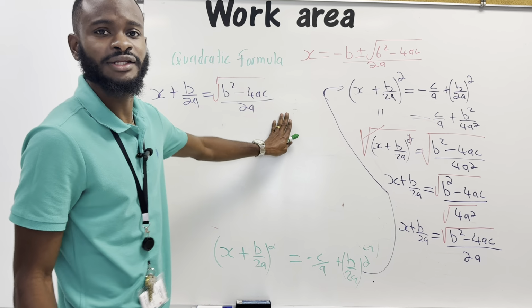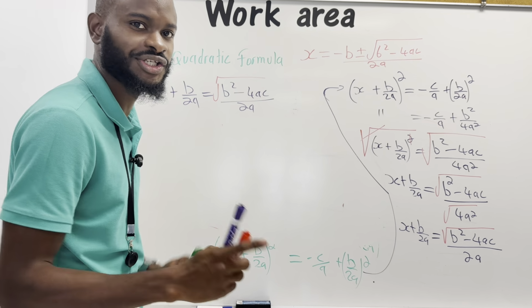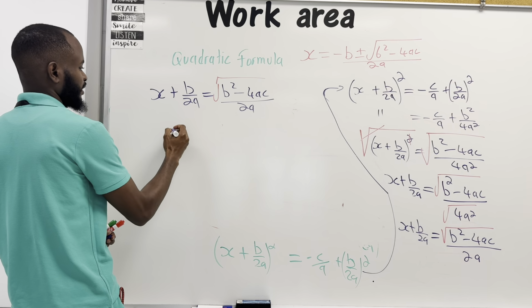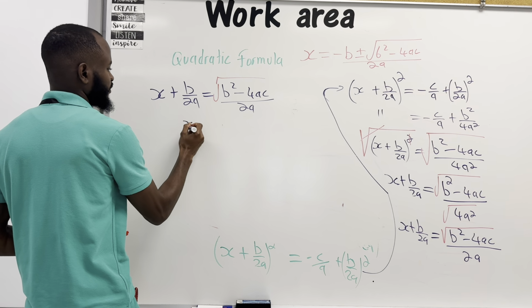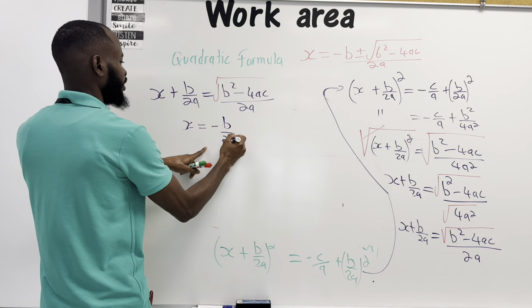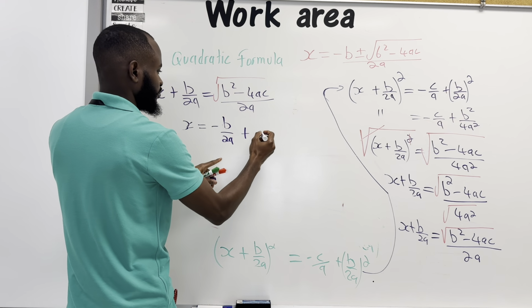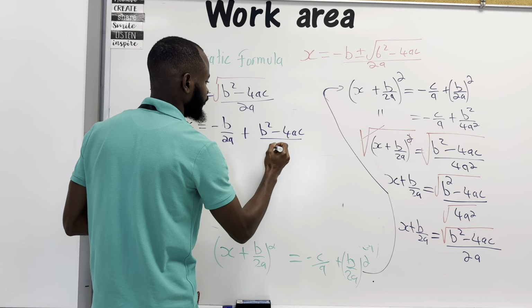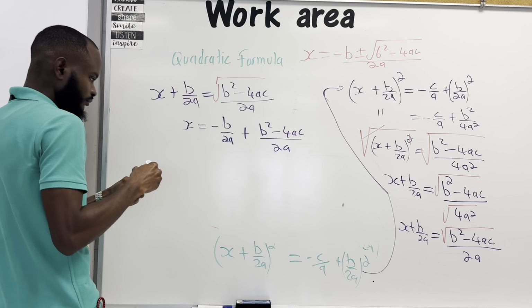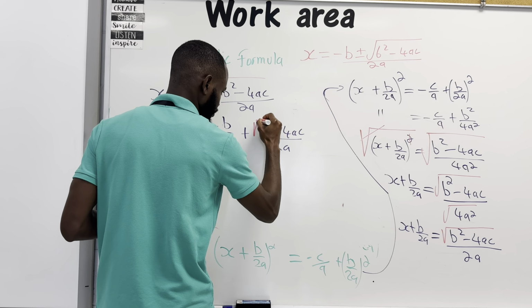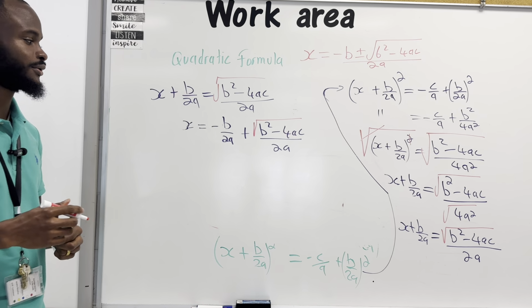So when we take it to the right-hand side, change sign, it becomes negative. So we're going to have x only on this side is equal to the negative of b over 2a plus b squared minus 4ac all over 2a. And don't forget again the square root in the numerator.